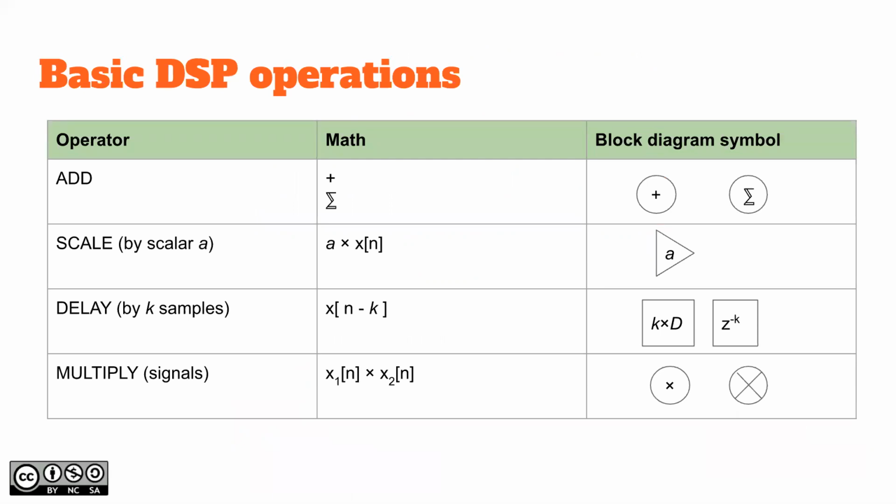And first of all, what kind of operations do we actually have in digital signal processing? These are the basic or fundamental DSP operations. Only 4 of them, which sounds pretty good. And actually, the first 3 are needed in any linear system: addition, scaling, and delay.